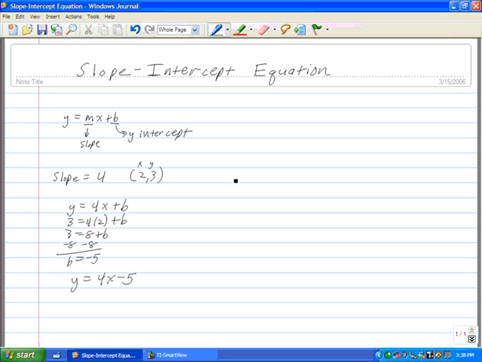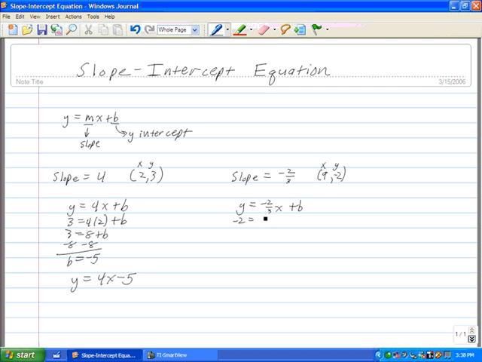Let's try that again. Let's say we had a slope equaling -2/3, and we want the line that has that slope, and passes through the point (9, -2). Let's come up with the equation. Again, here's what we already know. y equals -2/3 x plus b. We know this is an x, and this is a y.